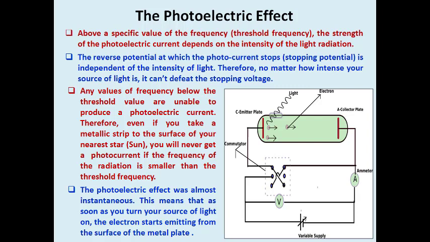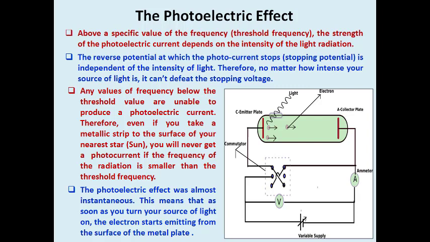We already know that if the frequency is less than the threshold frequency, even if you apply the brightest light, there is no chance of movement of charges, or photoconductivity. So the frequency supplied to the emitter must be equal to or greater than the threshold frequency.